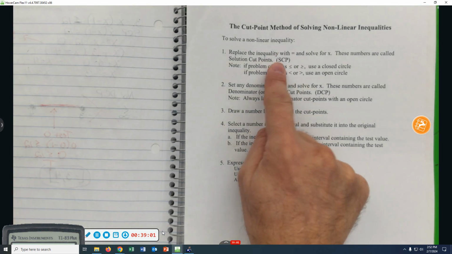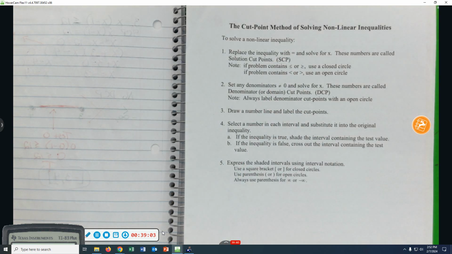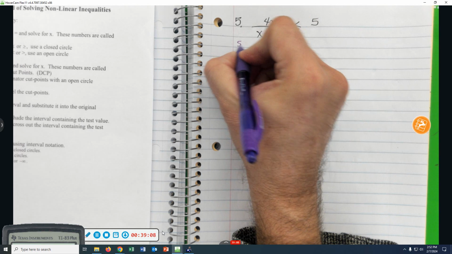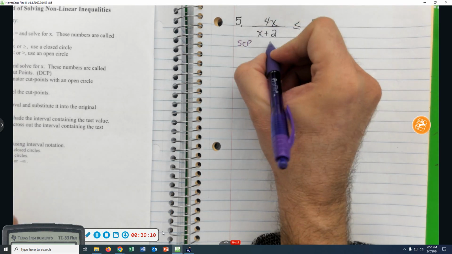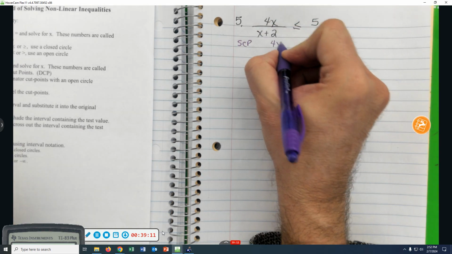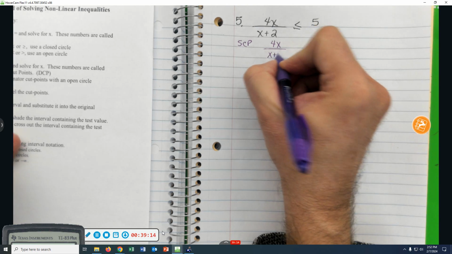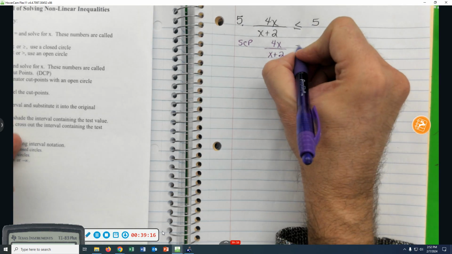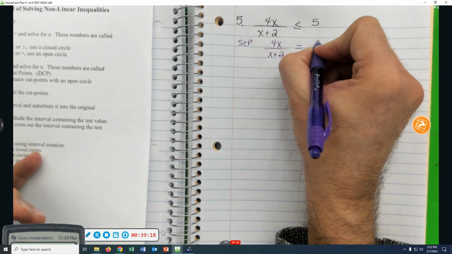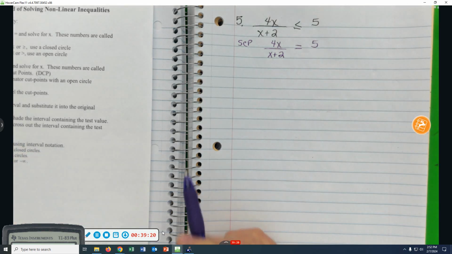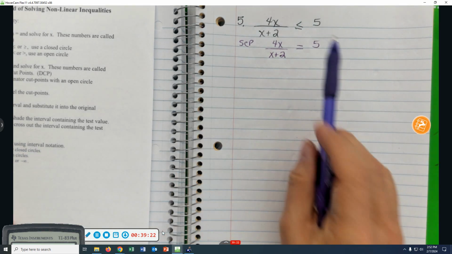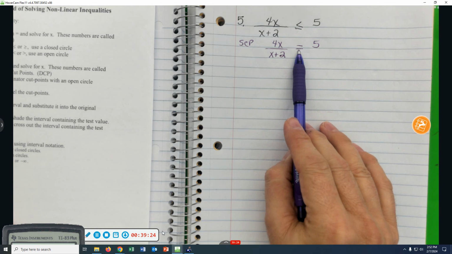Well, first thing I'll do is find the solution cut points. So I'm going to write down 4x over x plus 2 equals 5. I've rewritten it from an inequality to an equation.